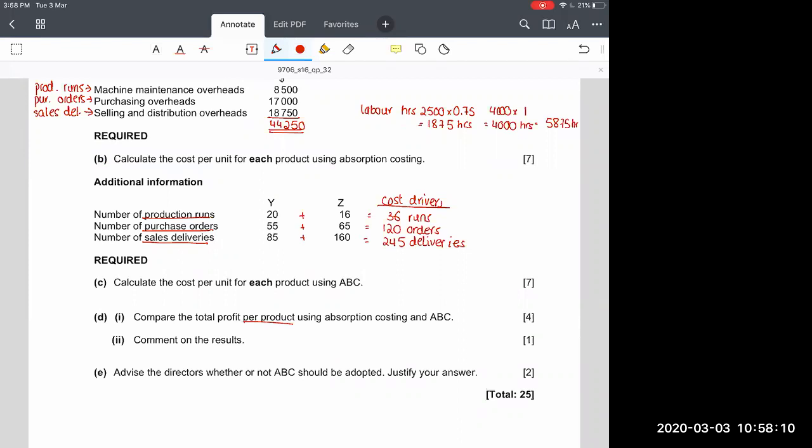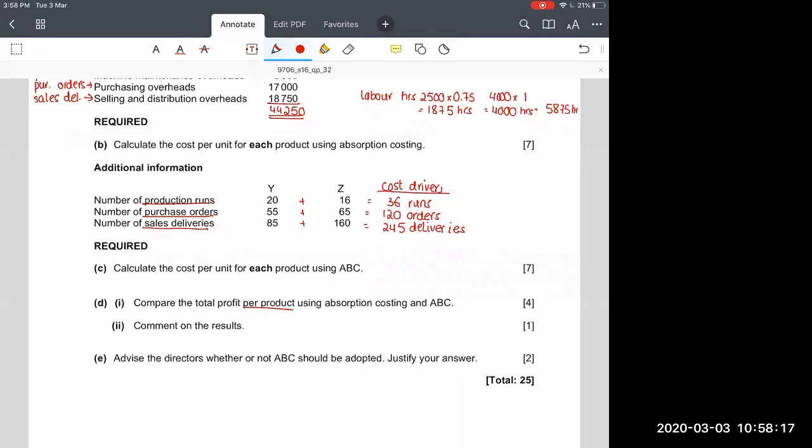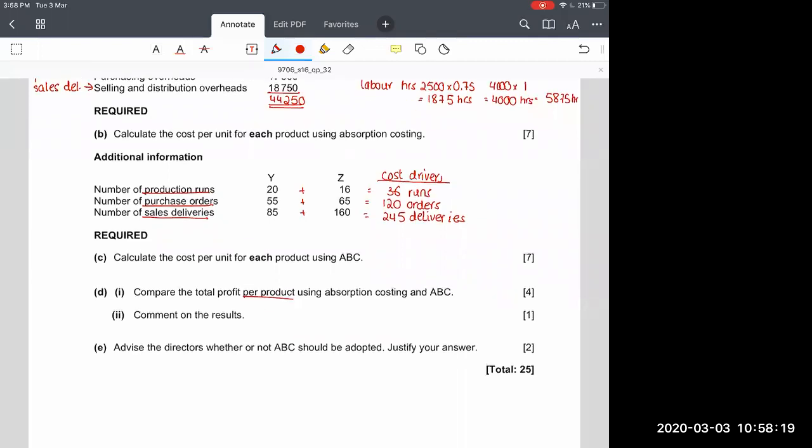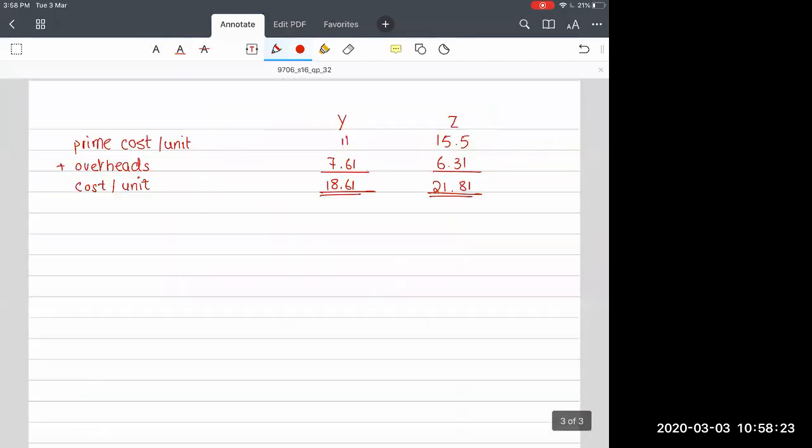So we have the total cost and we have the selling price. First of all, we will be calculating profit under ABC. Yes, this is requirement number D.